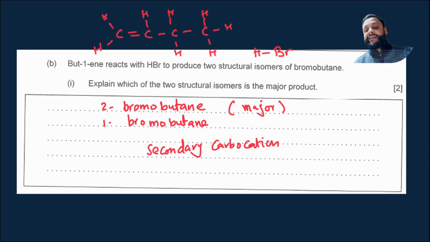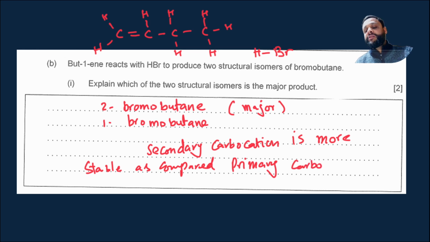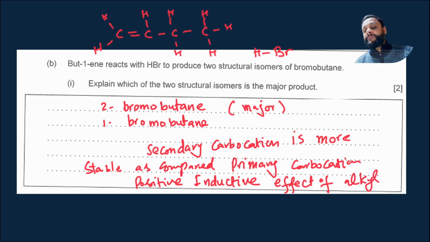Secondary carbocation is more stable as compared to primary carbocation, and the reason is the positive inductive effect of alkyl groups.